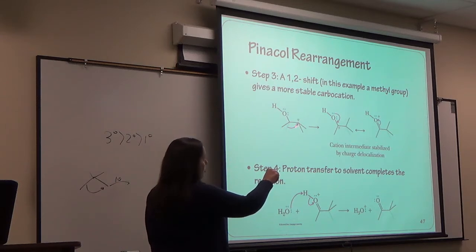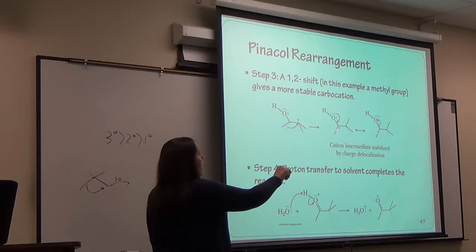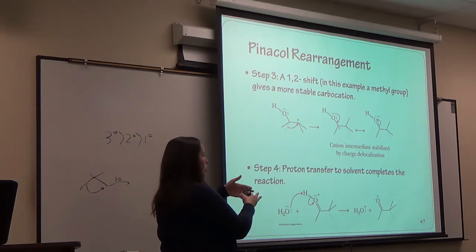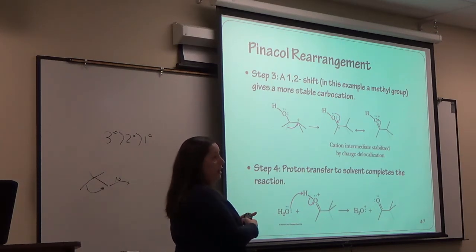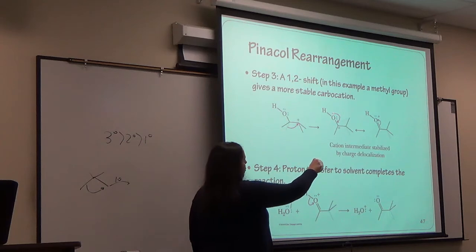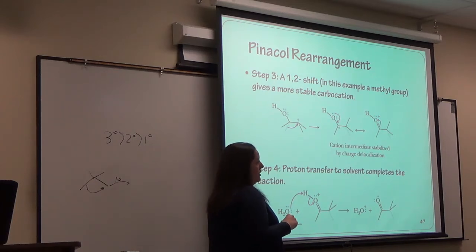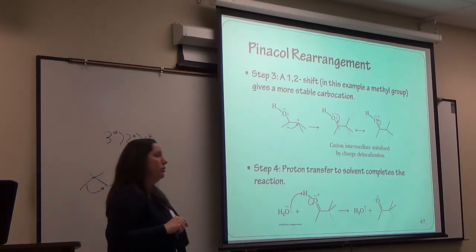You have a methyl shift, and then it forms your carbocation on the carbon that's directly bonded to the oxygen. So now you can transfer the electrons, one of those lone pairs, to form the double bond. So that's how you end up with a ketone.